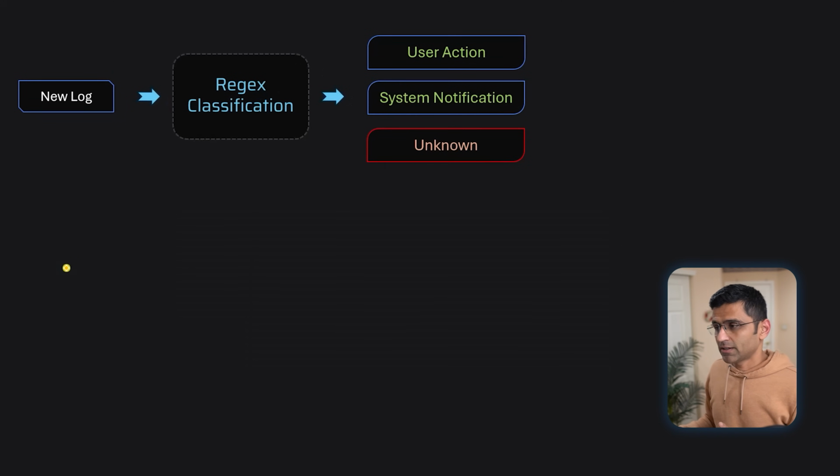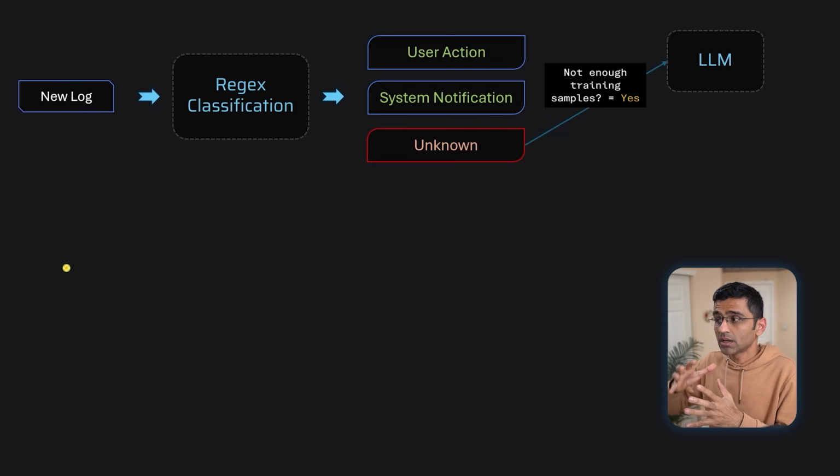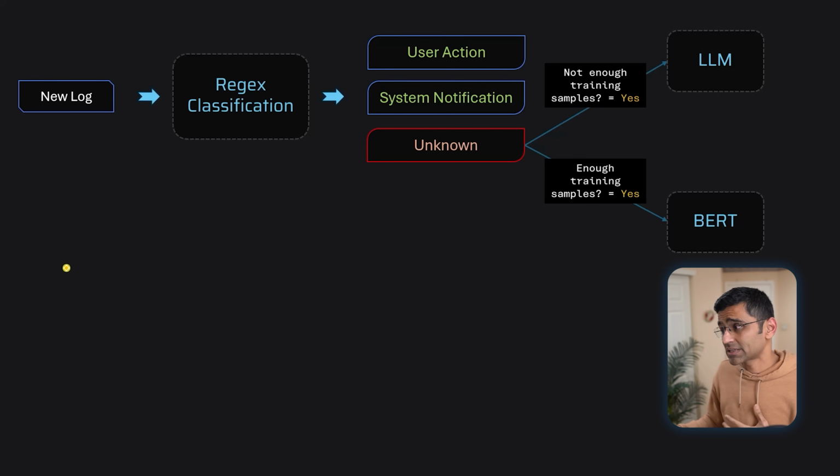For those, we will have further logic. We will try to find out if this category has enough training samples or not. If it doesn't have enough training samples, you will use an LLM. If it has enough training samples, you will use BERT-based classification. LLM-based classification is going to be simple.